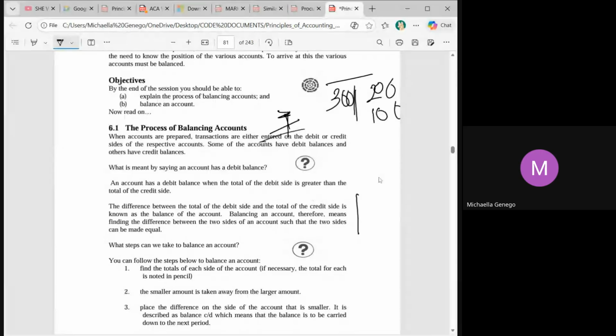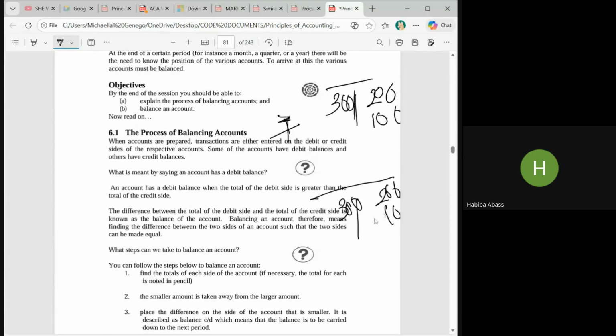When we create our account like this, sometimes when we record everything, we can have this side as 300, and then we'll have this side as 200. You see, there's a difference of 100. So this difference, we recognize it as balance carried down.